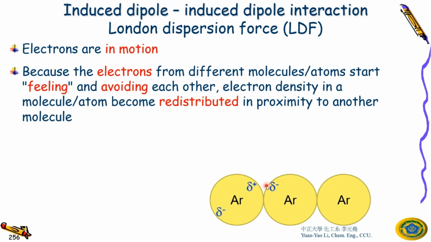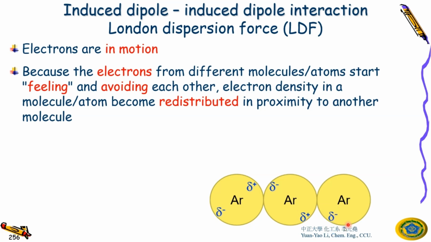So at time 1, if this is the electron deflection region, this one will be the electron-rich region. And if this is the electron-rich region, you'll find that on the opposite side this will be the electron-depleted region.